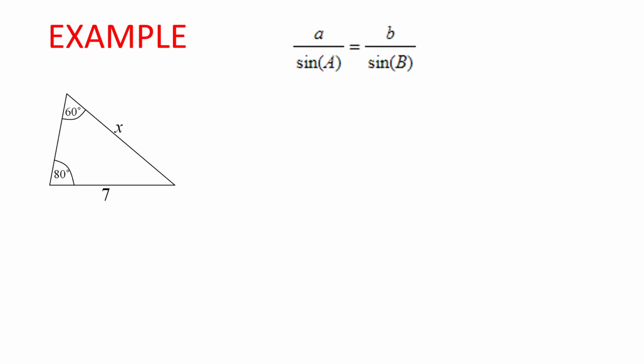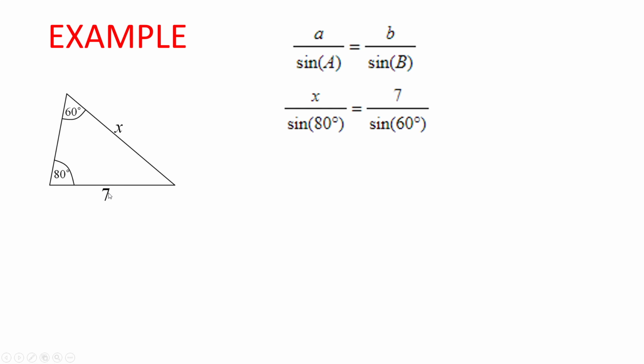So let's write down the rule. We have a over sine A equals b over sine B. Now let's substitute. Even if it's just some letters, you can just write this is C, and that is a capital C because angles are capital and sides are small. The important thing is that you know how to use the rule and how to substitute in it.